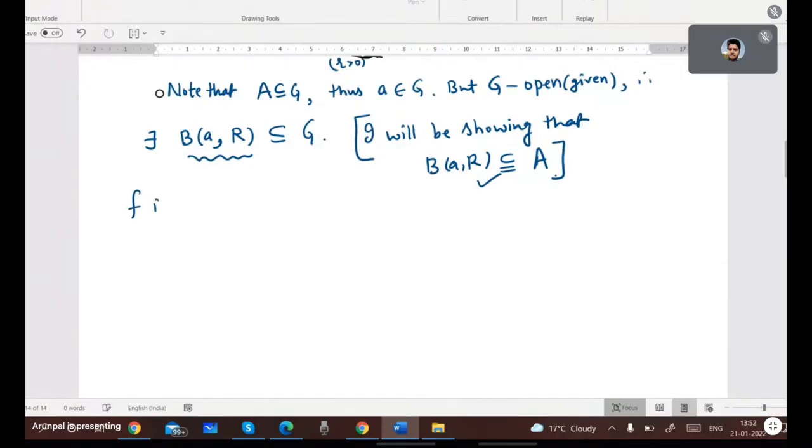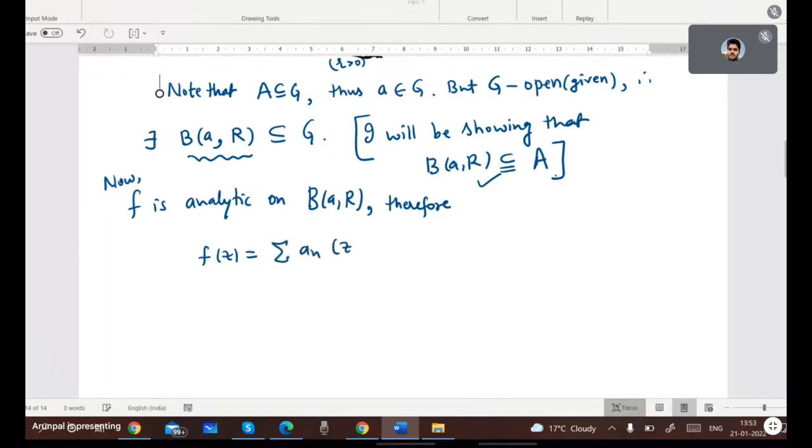Now class, F is analytic on B(a, r), right? Because it is analytic on G, so it will be analytic on this ball also. Therefore, we can write a power series expansion for F(z), for all those z which are in this ball.